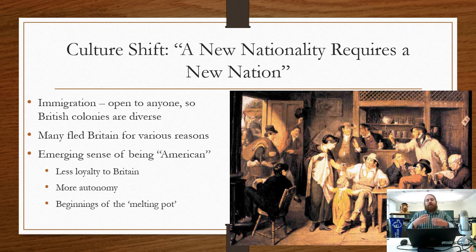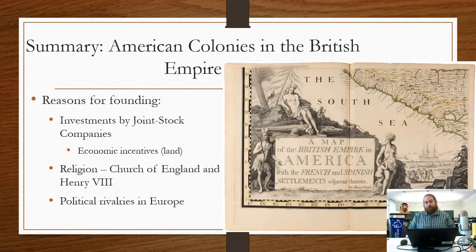We are not just one ethnicity. We're a lot of very different ethnicities all over the place. And a lot of them had actually left Britain for a number of reasons. And so what emerges is this lack of loyalty to Britain, this sense of being American, that we're not loyal to Britain, we are loyal to ourselves. And that's going to be big when you talk about the decision for the United States to risk independence. A big piece of it is cultural.